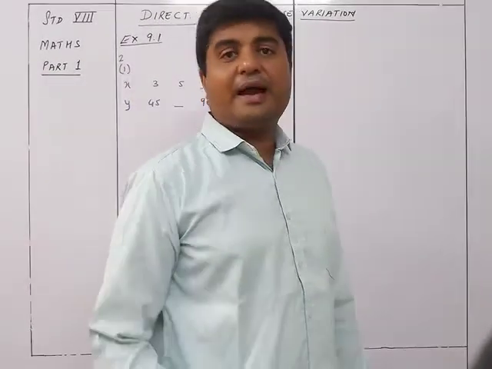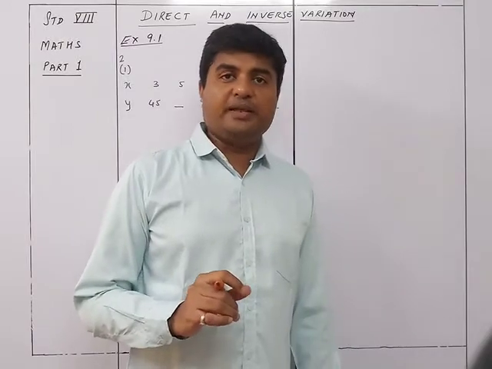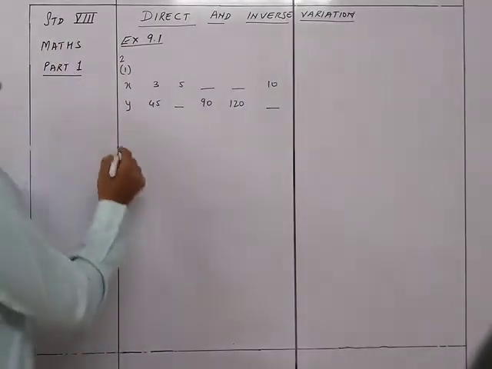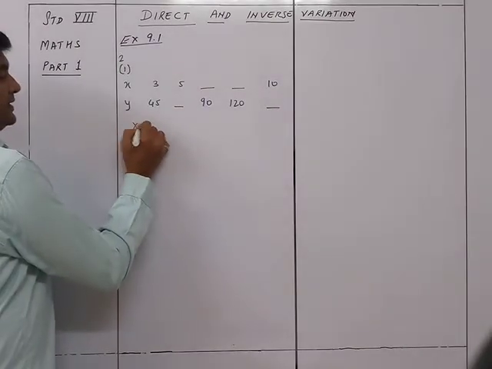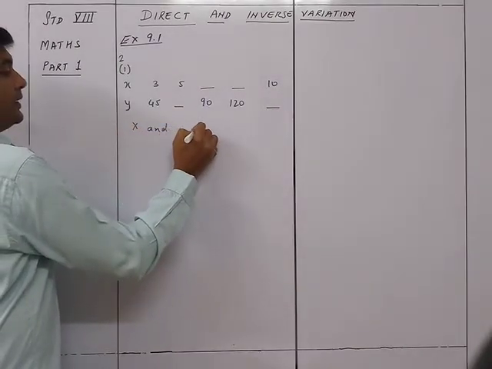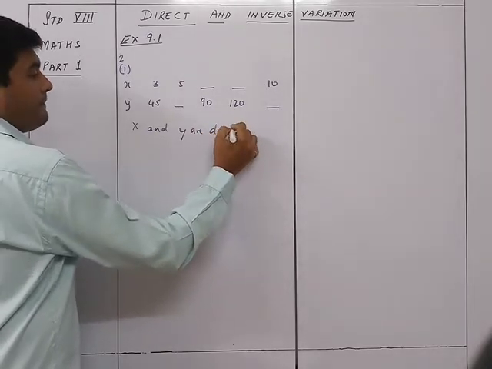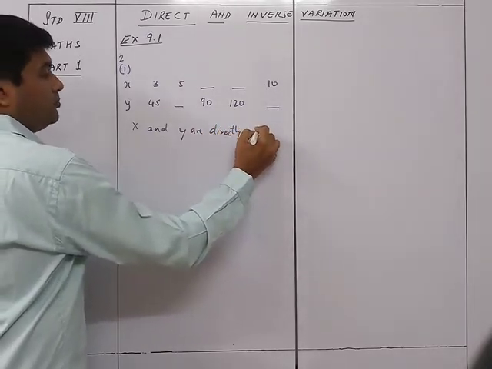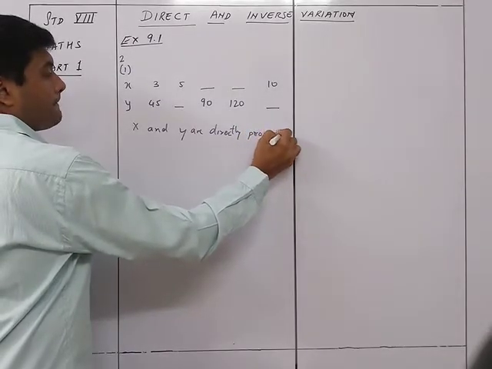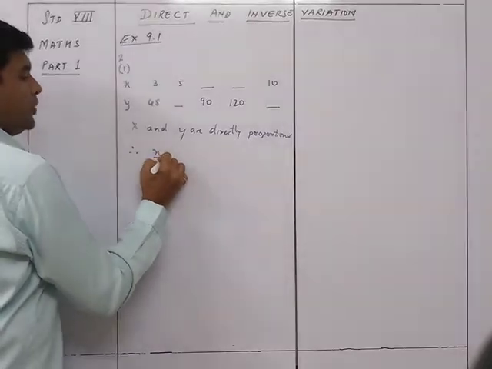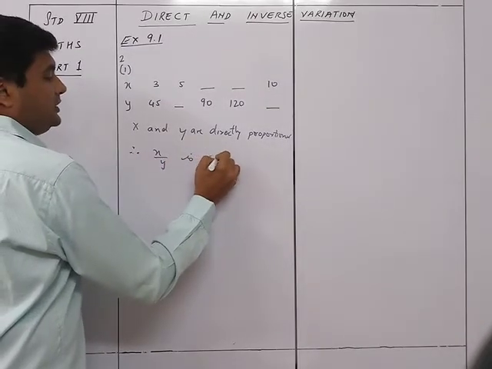They are already given that they are directly proportional. That means the ratio of x upon y is constant. So over here we know that x and y are directly proportional. Therefore x upon y is constant.